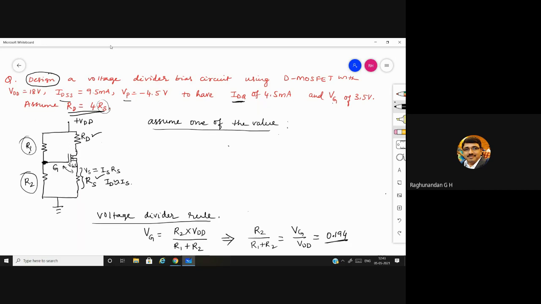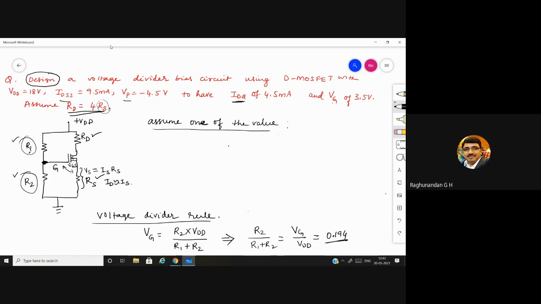Here we are going to assume the resistance value. Now can you tell me among these two resistances which resistance we can assume and why? Assumption I have told, we are going to assume. Which resistance we are going to assume and why we are going to assume that resistance only.